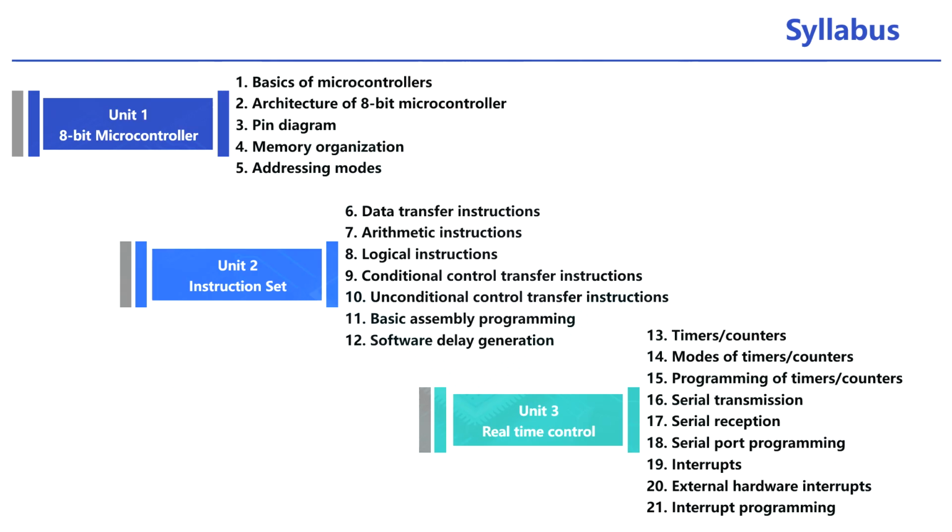In unit number 3, real-time control. This is the heart of embedded systems. Timers and counters, modes of timers, timer programming, serial transmission and reception, serial port programming, interrupts, external hardware interrupts, interrupt programming. This is where systems become real-time and responsive.